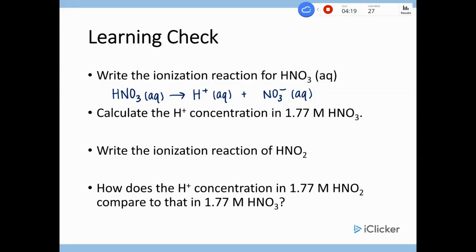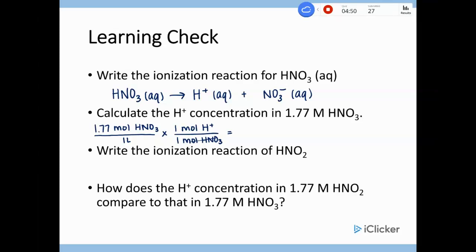But to actually write that out in a calculation, we'd start with 1.77 moles of HNO3, that's what we're provided, per 1 liter. So just converting molarity to moles per liter. And then we use the molar ratio. We have 1 mole of H plus produced over every 1 mole of HNO3 added to solution.